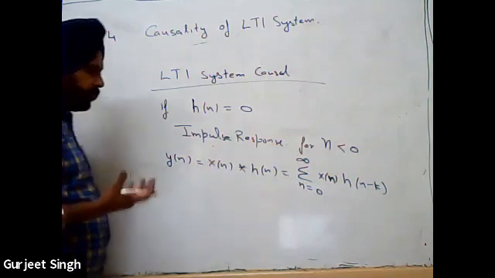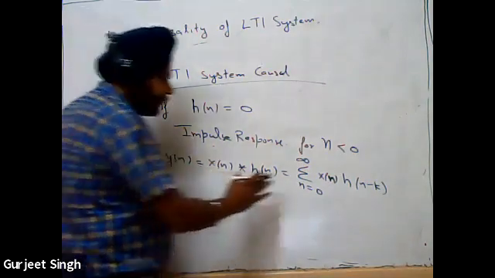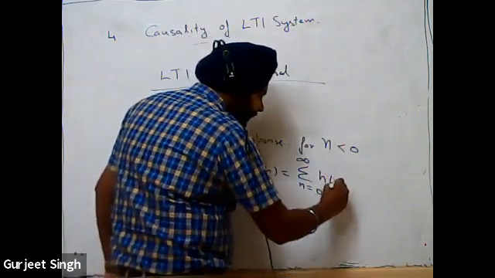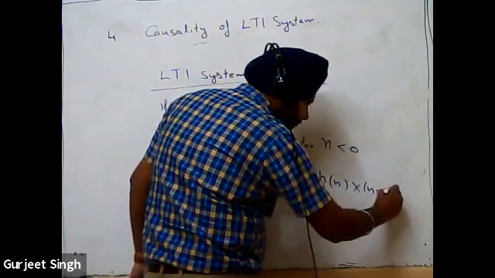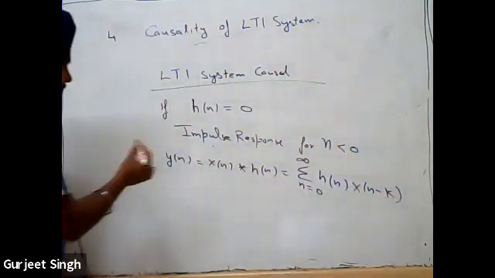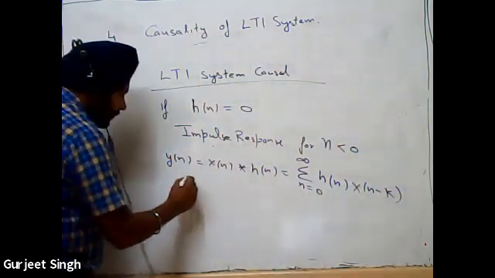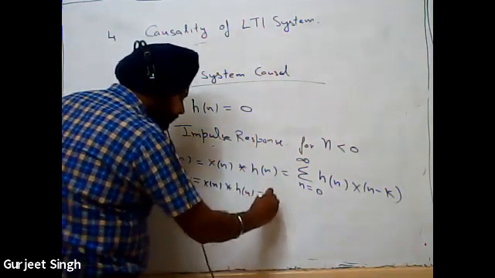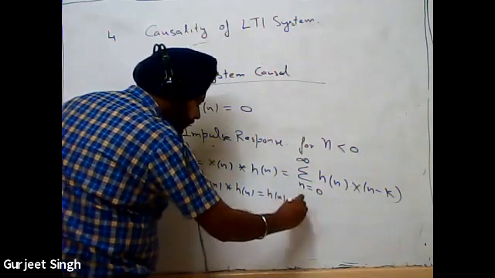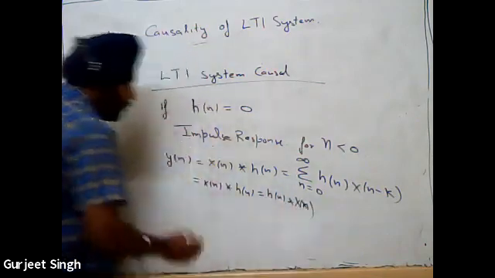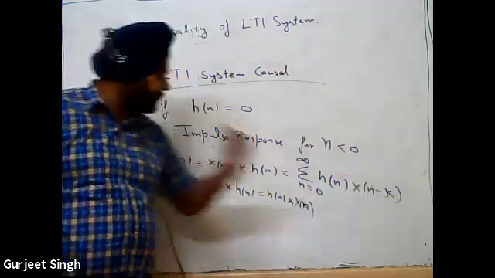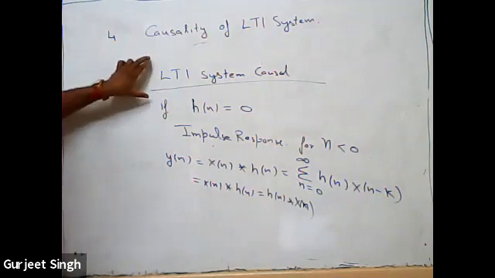In some books, it is written like h[k] x[n minus k], because according to the commutative property, we have x[n] convolution h[n] is equal to h[n] convolution x[n]. This is the condition of causality for the LTI system.